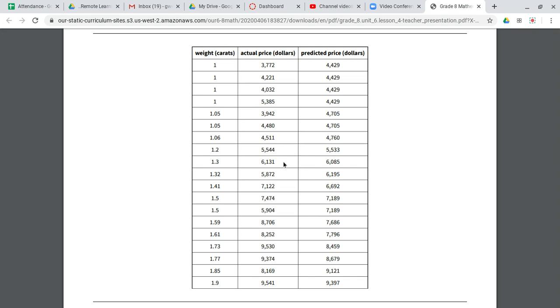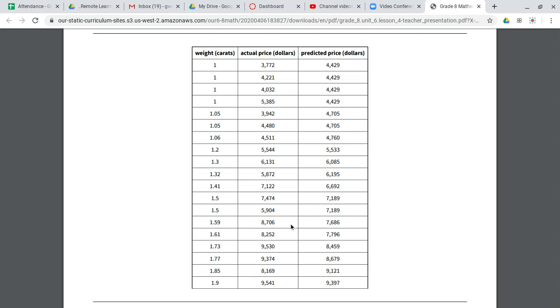Next one, 6,131 compared to 6,085, 5,872 compared to 6,195. Nope. These ones are completely different. Once again, there's about a 300 gap. These ones, there's a major gap. Look at this, 5,904 and 7,189. That's a huge difference.